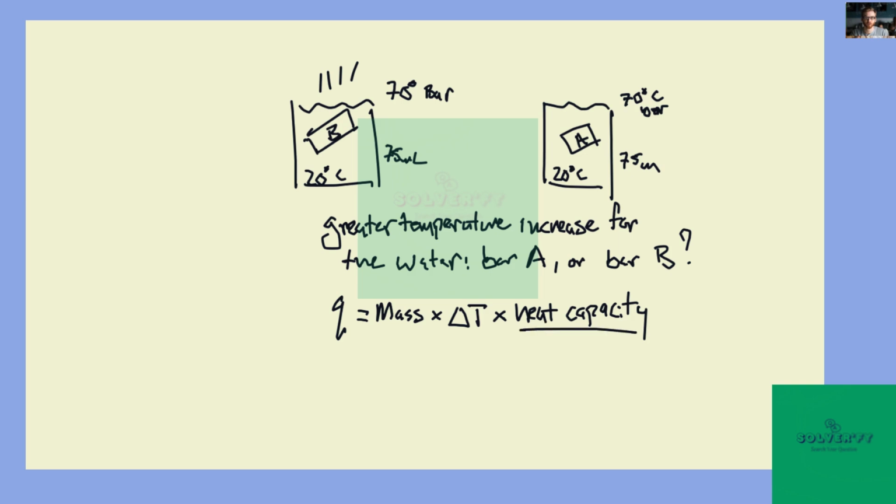And what does the heat capacity tell us? Well, it tells us how much energy is stored in a given substance as a function of the temperature of that substance.